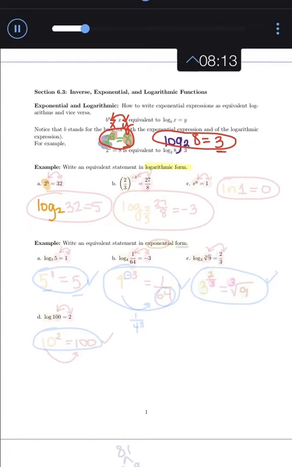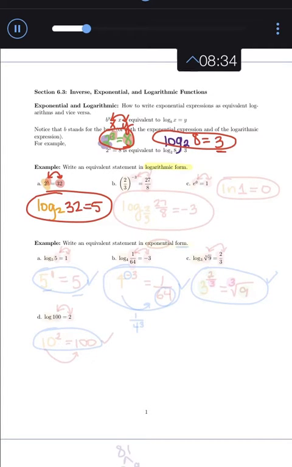But because I'm using rules for inverses, I need to swap my x and my y, which are my 5 and my 32. So if I swap the sides on my 5 and my 32, it'll be log base 2 of 32 equals 5. That's it.